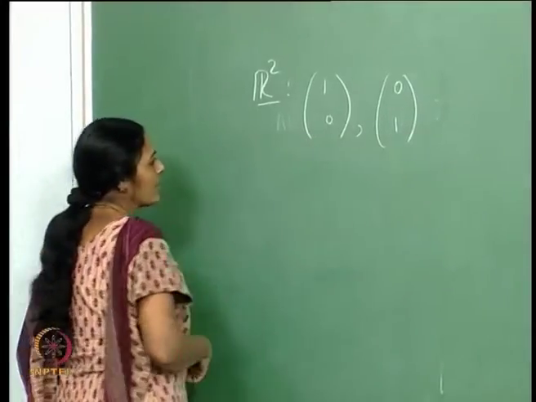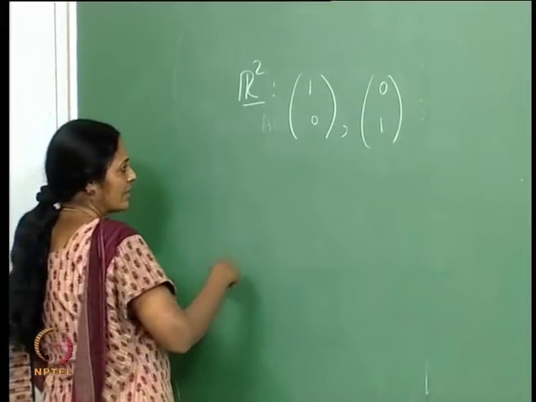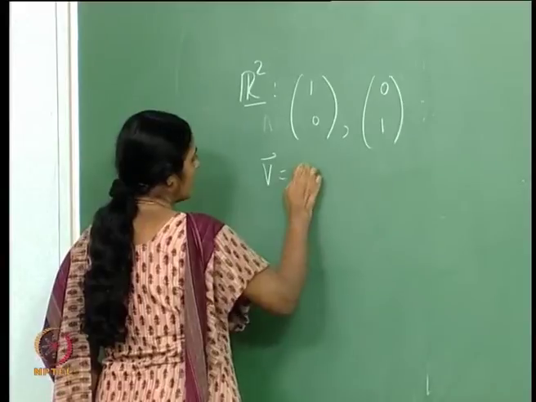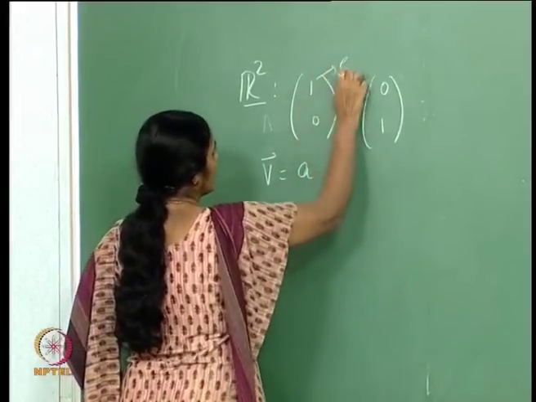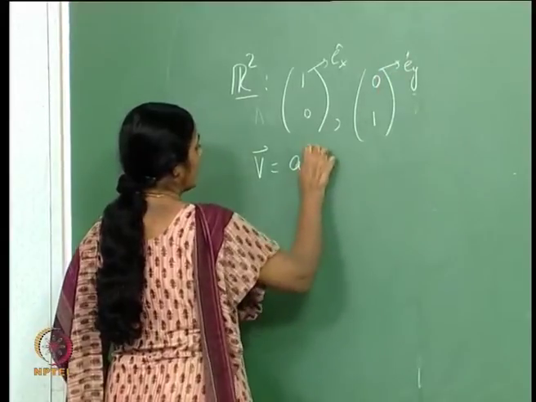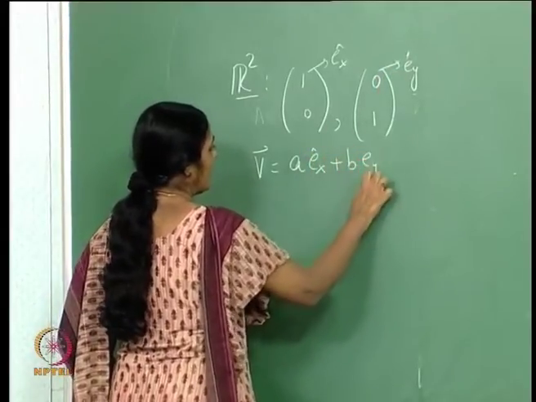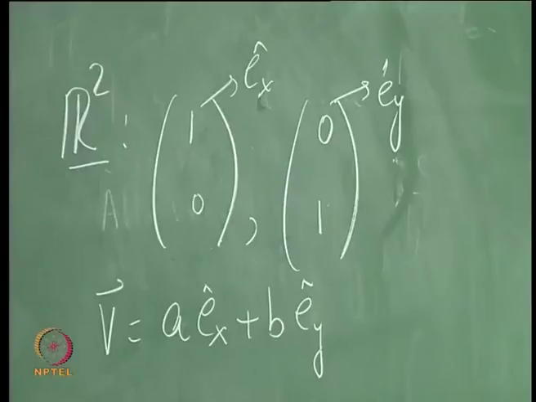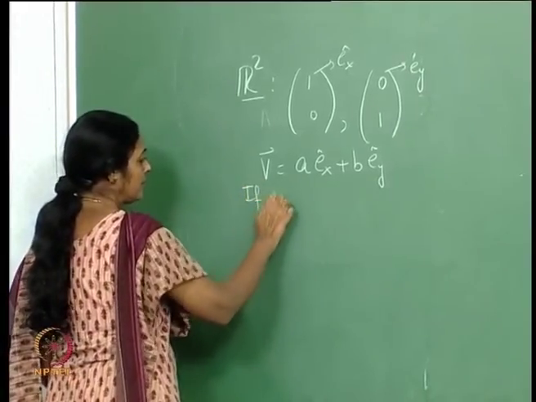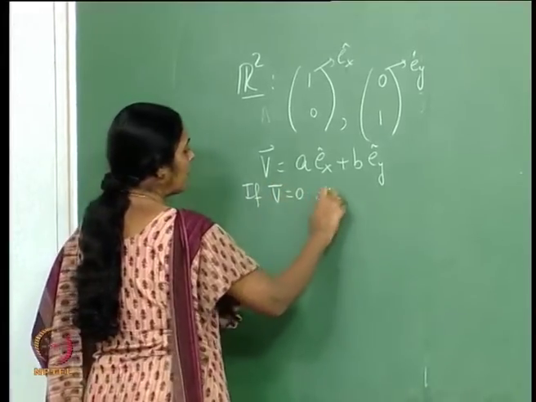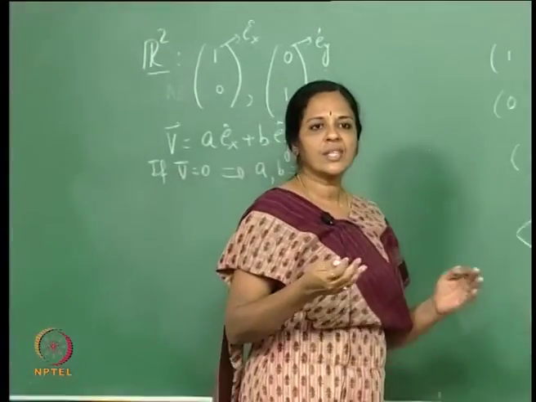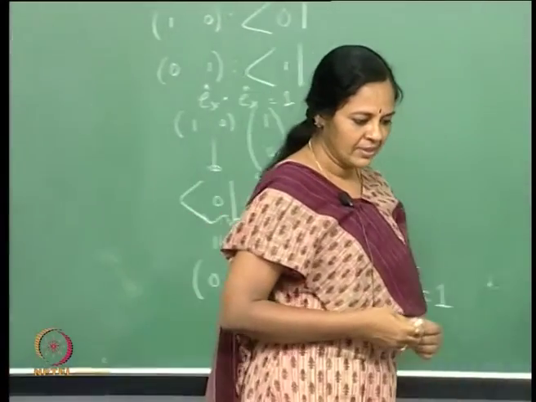These vectors are linearly independent, because if I construct a vector v which is A Ex plus B Ey, and if v is 0, it implies that A and B are 0. So, Ex and Ey are linearly independent.